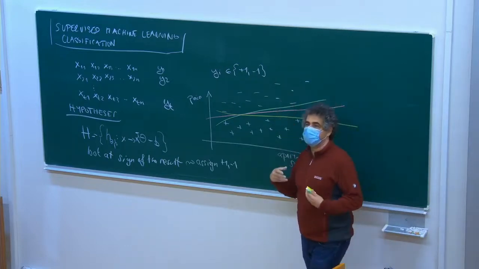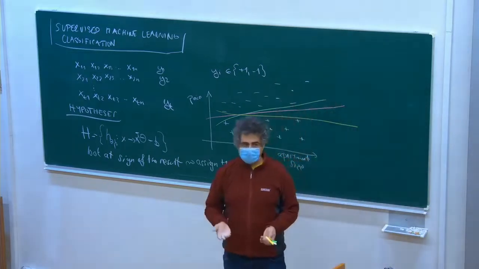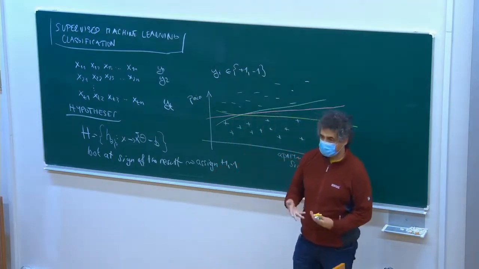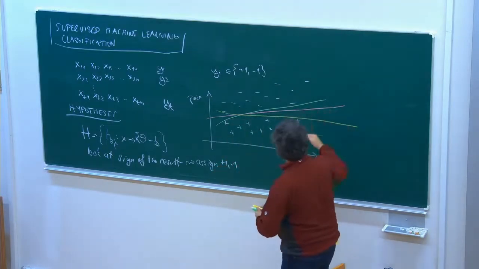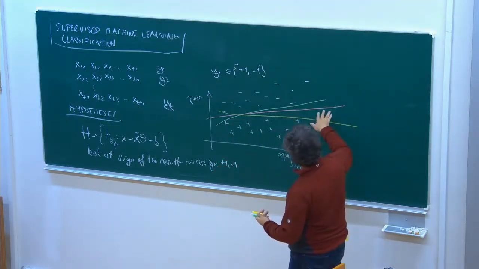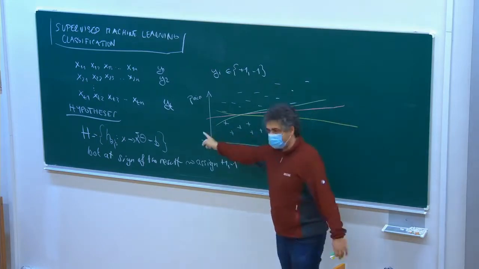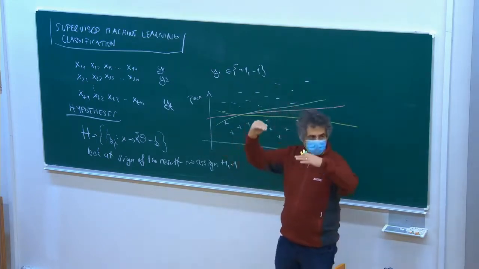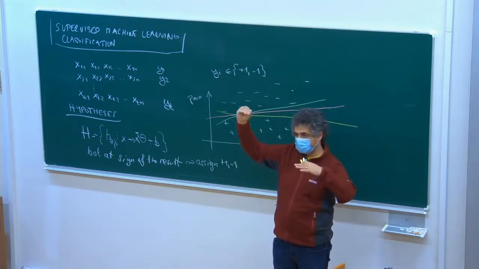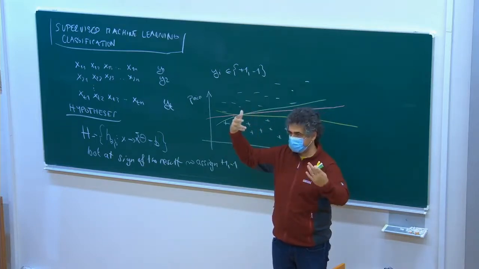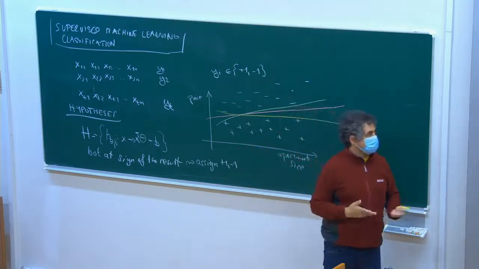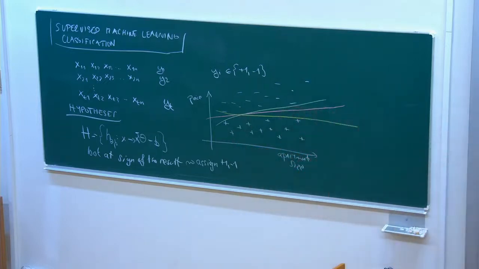At least intuitively, and we will see later that it's generally a good idea, we would like to keep hypotheses like the one I first drew. They are as far as possible from all the training examples. So this is what we will do next.